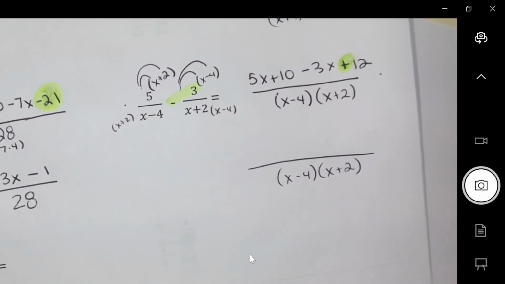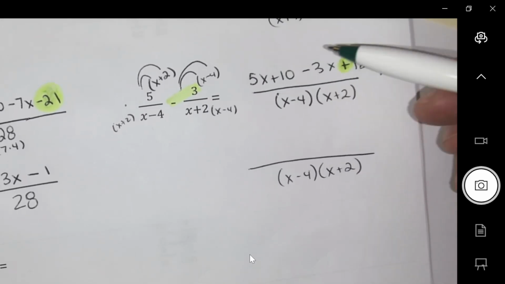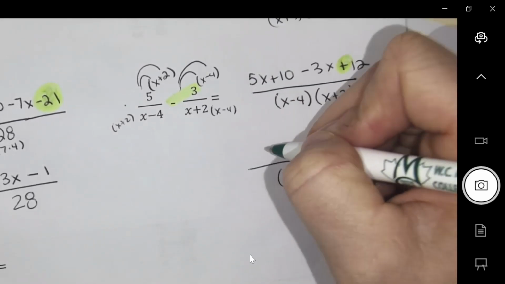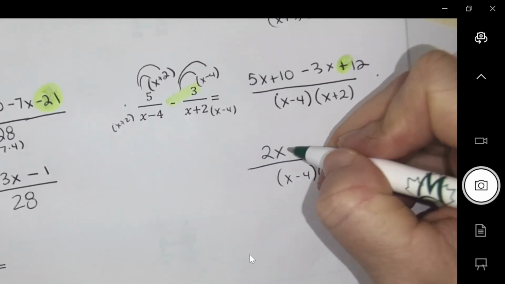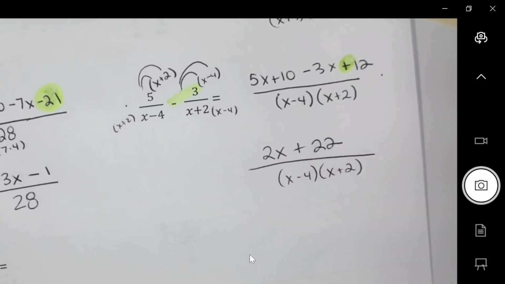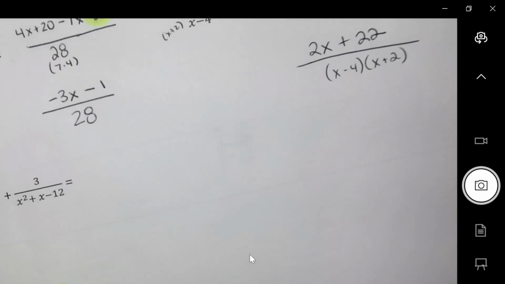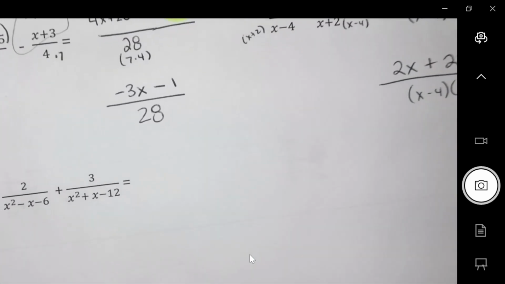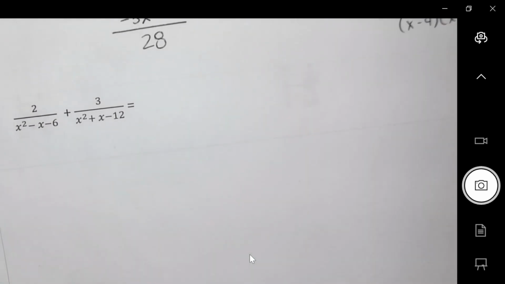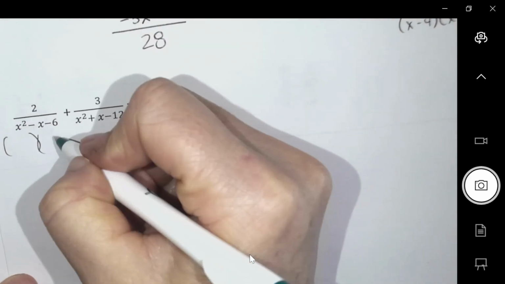Okay, 5x subtract 3x, I get 2x plus 22. Okay, can everybody factor? Can you give me some factors?